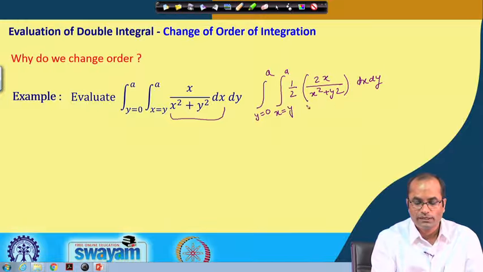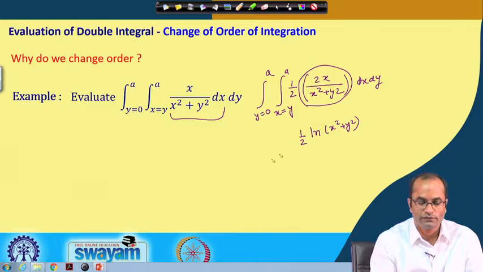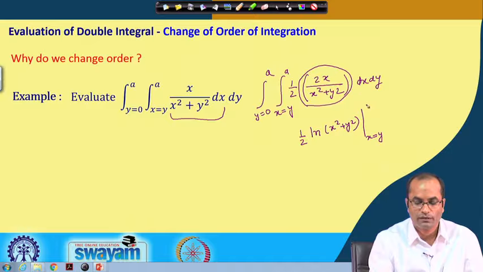With respect to x, this will be the logarithmic function. So we will have the ln of x square plus y square, with the half, and then we have to put the limits for x from y to a, and then the outer one from 0 to a, with dy.